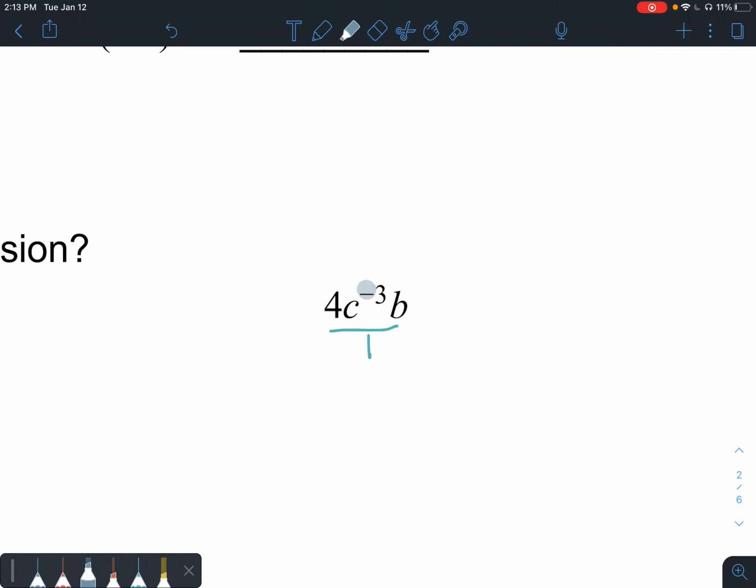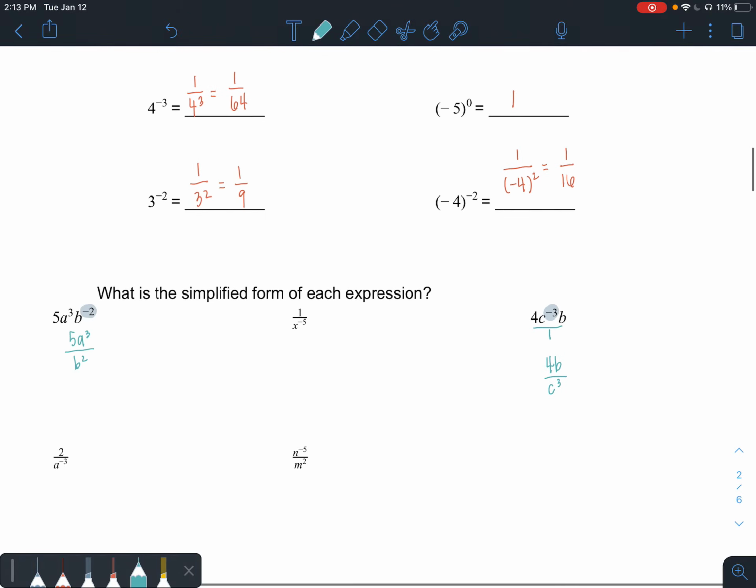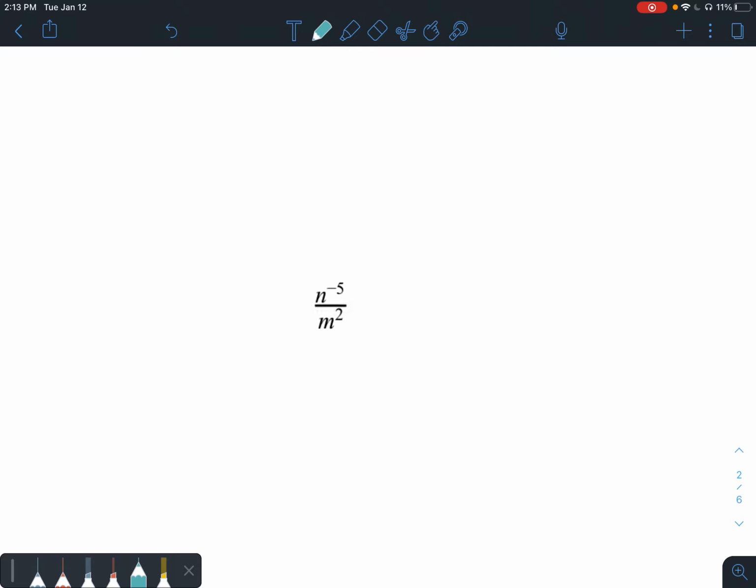That -3 is a no-go, so we will move it to the denominator. So we have 4, b stays, and then c to the third moves. This next one here, this is 1 times n to the -5. That -5 is not good, so what we're going to do is we'll move it to the denominator next to the n, and then in the numerator, I'm still left with a 1.